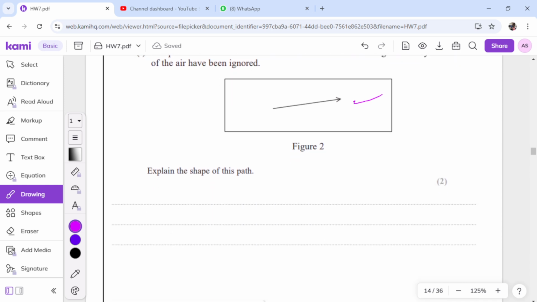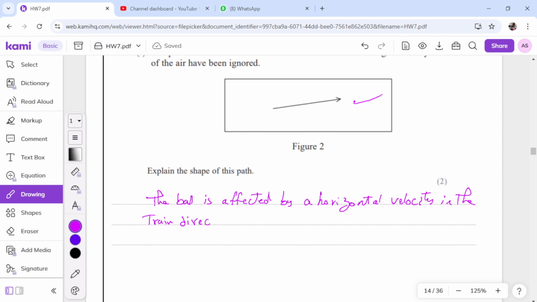So you can write the ball is affected by a horizontal velocity in the train direction, and a vertical velocity in the direction of the throw.